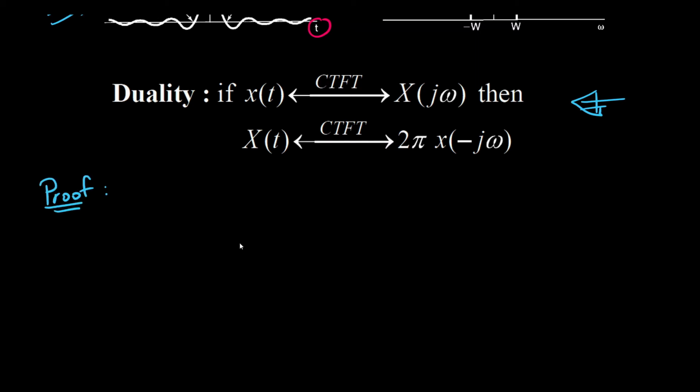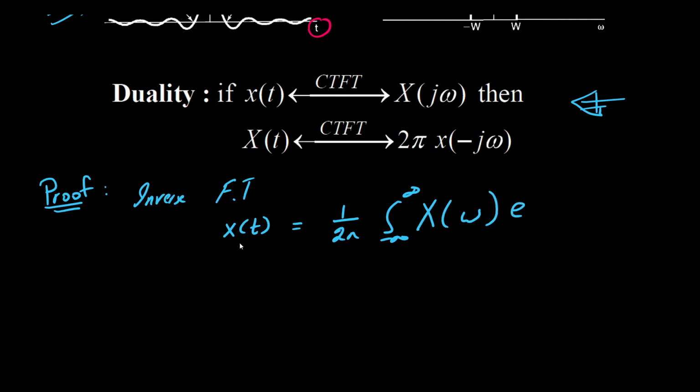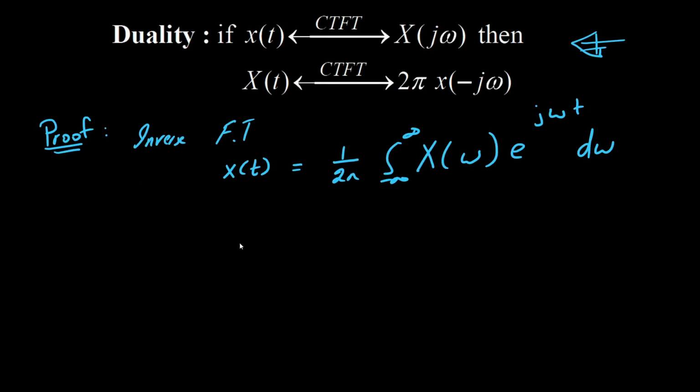We are going to start with the inverse Fourier transform, that is x of t. This is simply equivalent to 1 over 2 pi, integral from minus infinity to infinity, x of j omega e to the power plus j omega t, with respect to d omega. In the second equality, let us bring this 2 pi to the right side.